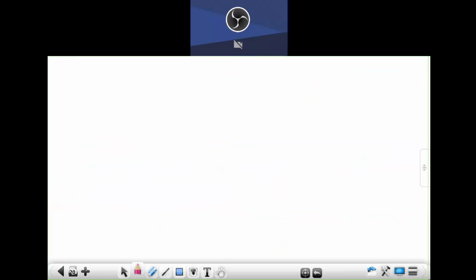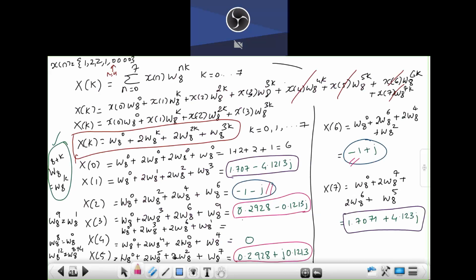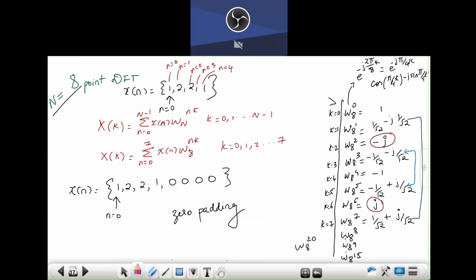All right. So let us solve a small problem and we will stop for today. Make sure that whatever I showed you here, please calculate till W8 power 20. Please go on calculating and understand the periodicity. Compare the complex conjugates, and try to understand that. Please solve whatever exercise I've asked you to do.